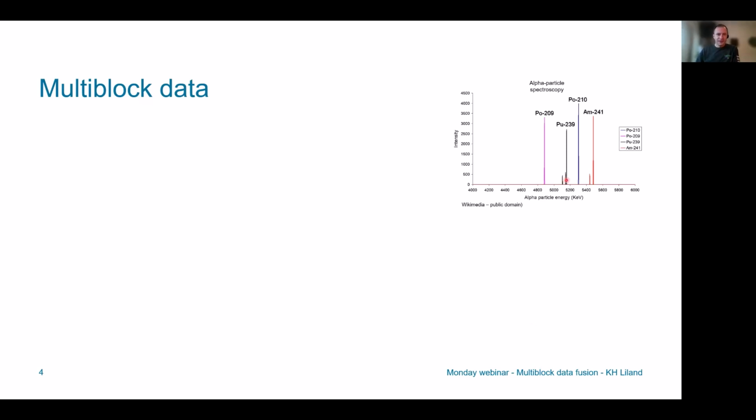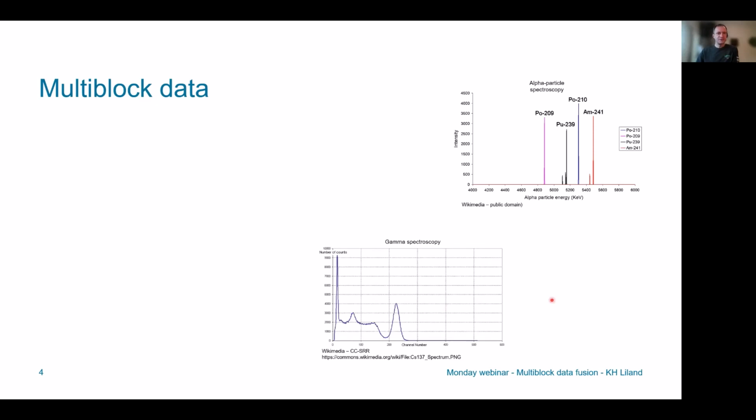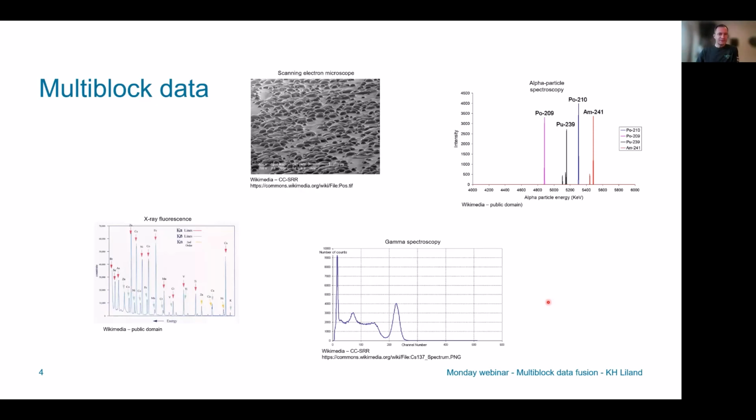But here we have one source of information, that's one of my blocks. This is another source of information, that's my second block. Here we have a third one, and maybe there's even a fourth one here. These are all measurements regarding the same system in some way.